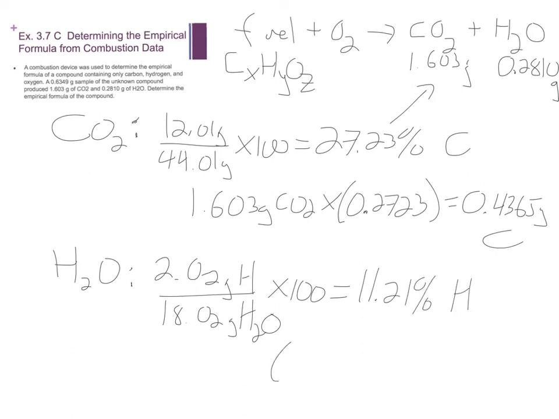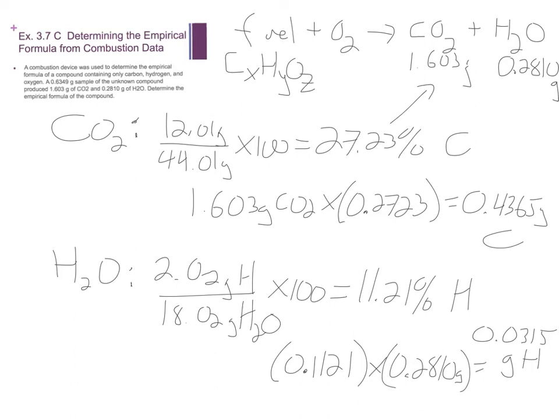So 0.1121, that's 11%, times my original 0.281 sample. That's going to give me 0.0315 grams of hydrogen. Okay, so there's the first part of the sample, understanding what combustion is and keeping track of the mass percents of each substance and understanding conservation of mass, how they all apply.